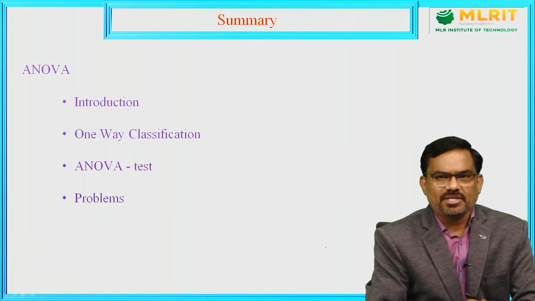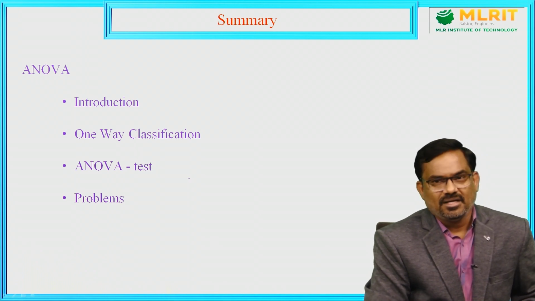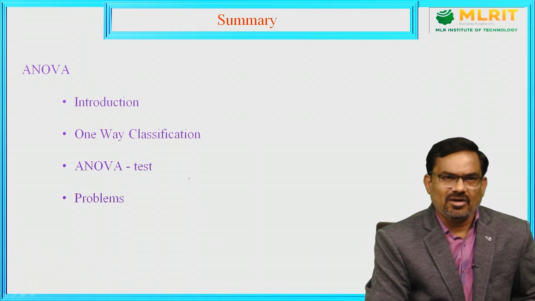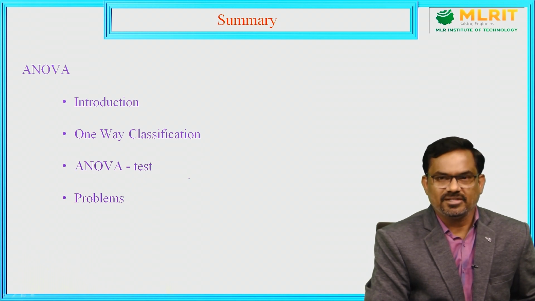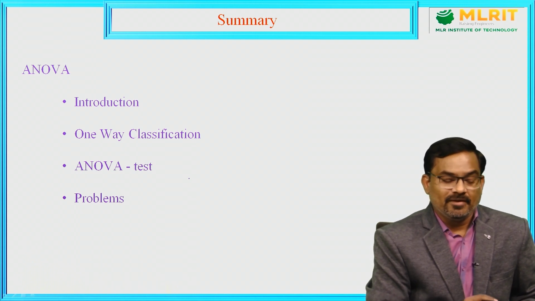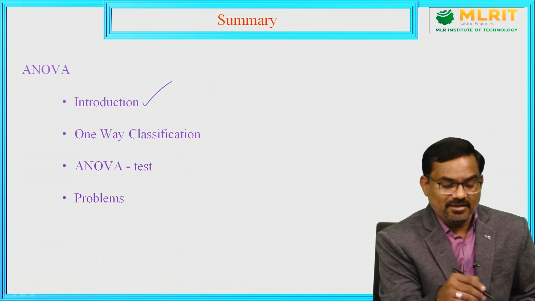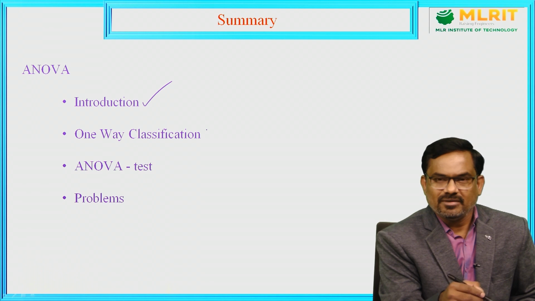Now, coming to the summary of today's session. Today, we have discussed a particular test called ANOVA, Analysis of Variance, which has many applications in present industry and day-to-day life problems also. We have introduced the concept and the different types of ANOVA test, one-way and two-way classifications.